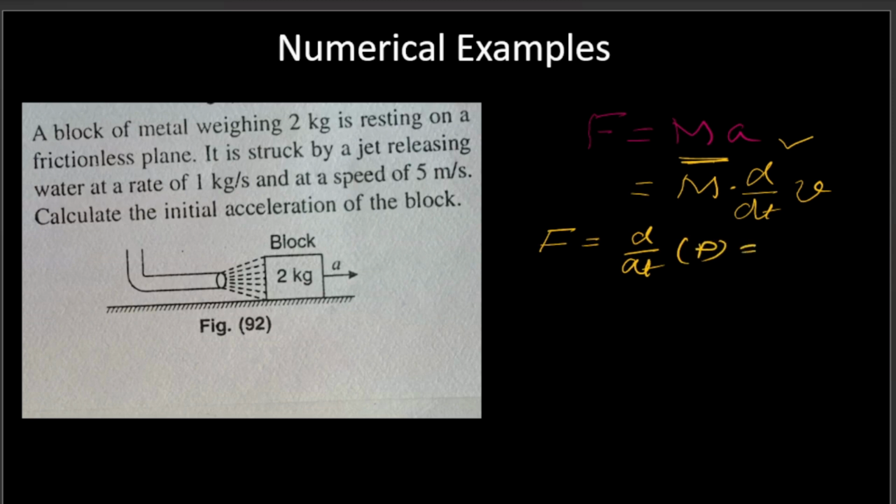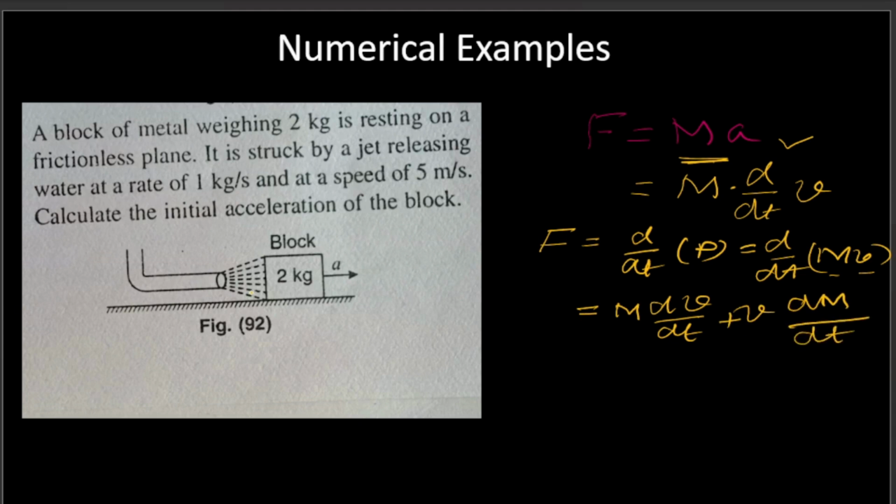What is p? p is the momentum, so we can write p is mv. Now m and v are both variable, so we can use the chain rule, means first we take m as fixed, so m dv by dt, and then plus v of dm by dt.